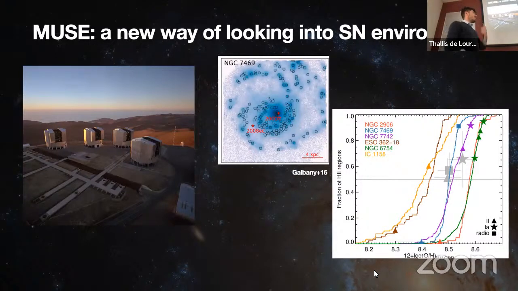Because MUSE can provide this very good resolution, they could plot the properties for all the H II regions in galaxies and also plot the supernova position here. So, for example, for this purple distribution, what they are showing is that this supernova is in the most metal-rich regions of that galaxy.